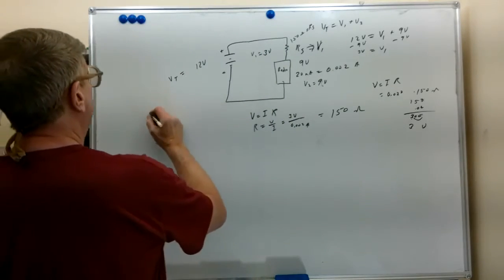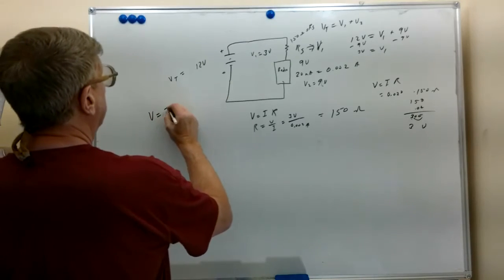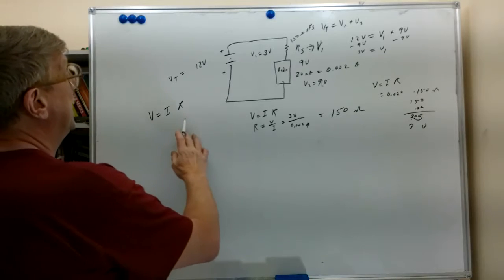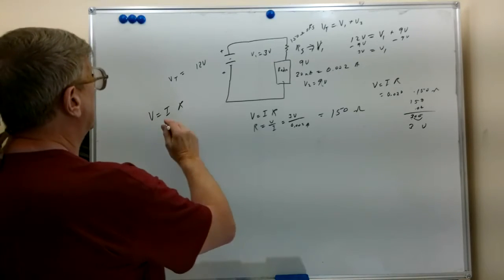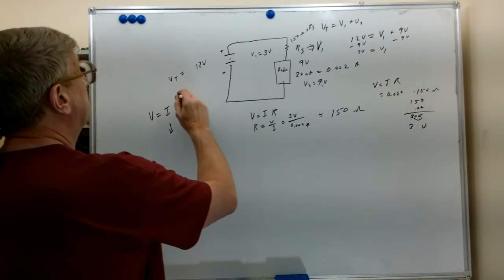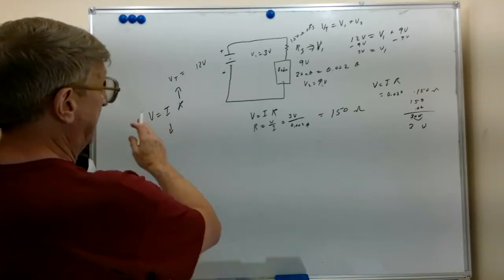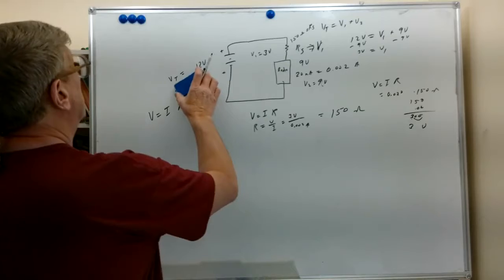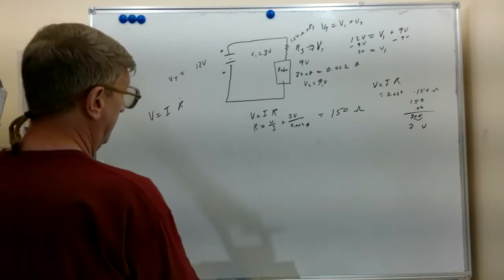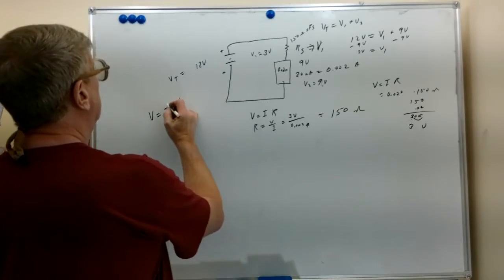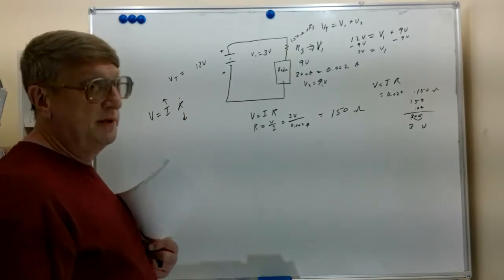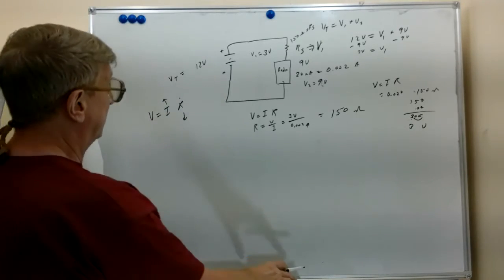If you think about it, voltage equals I times R. If we're looking for the same voltage, if we make the current smaller, we've got to make the resistance bigger to get the same result in our multiplication. If we make the current greater, we've got to make the resistance smaller to get the same result in our multiplication.